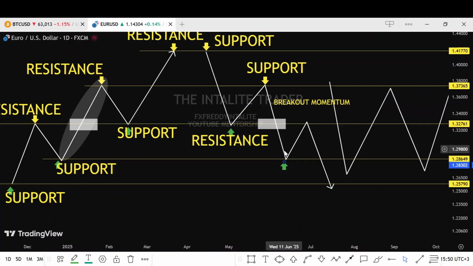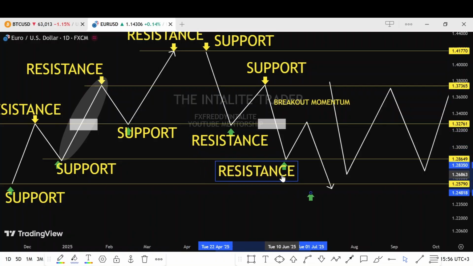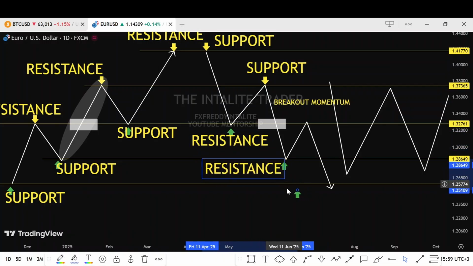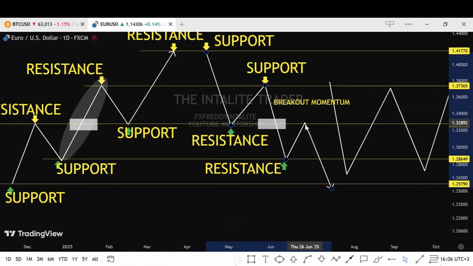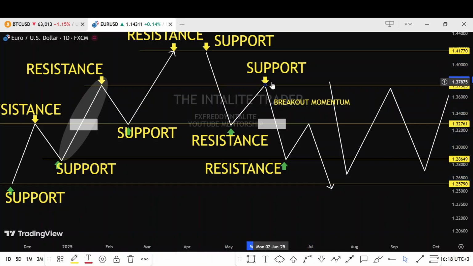So when this price rests at this point, we call this resistance because it rested at that point. When it rests, it has to pull back, and as it is pulling back, we find it is going to encounter a support. This becomes support.